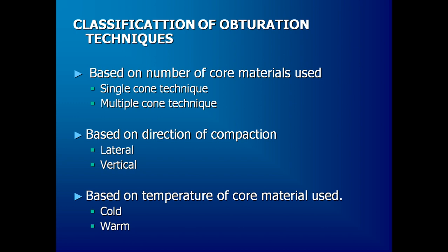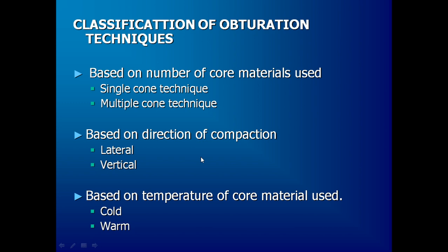The simpler classifications are based on the number of core materials. I hope you remember the picture where I showed you the 6% gutta-percha cone. Sometimes that single cone is used to obturate the whole root canal space. When we use a single cone, it is called the single cone technique. When we use many cones to obturate the space, it is called the multiple cone technique.